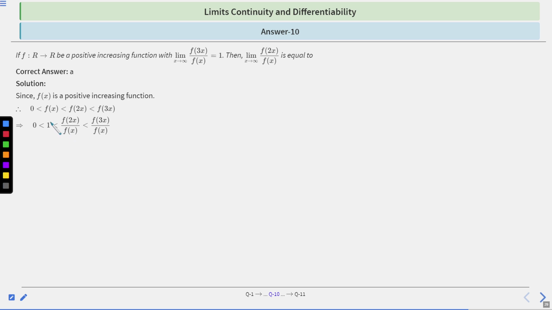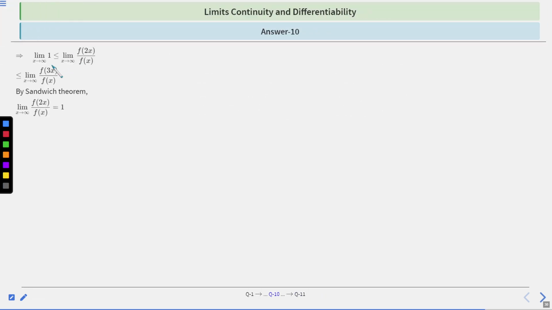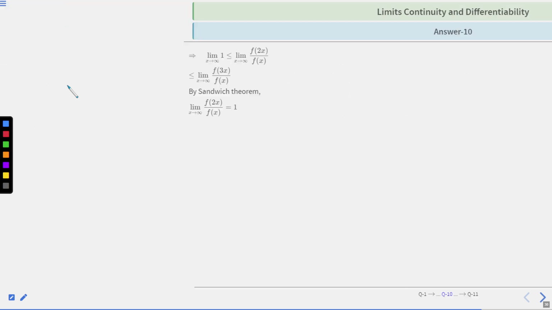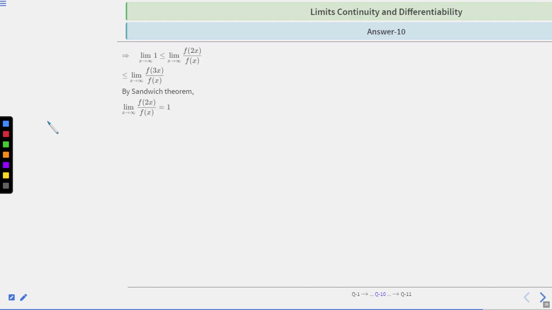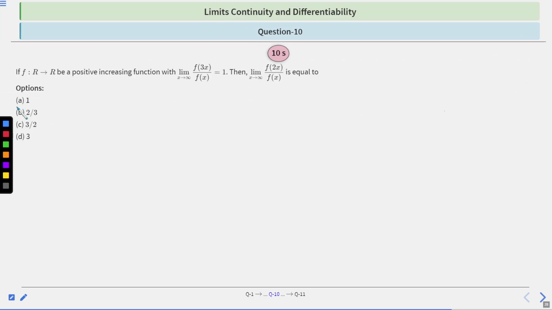So 0 < 1 < f(2x)/f(x) < f(3x)/f(x). Taking limit x tending to infinity, by the sandwich theorem, the outer limit is given as 1, and the other is also 1. So limit x tending to infinity f(2x)/f(x) will also be 1, clear? So I think option A is the right choice, 1. Got it?